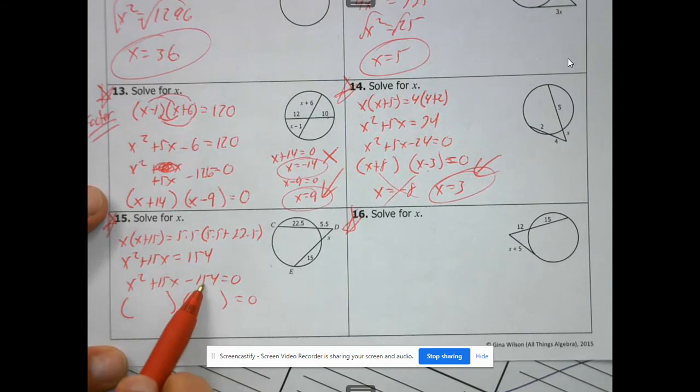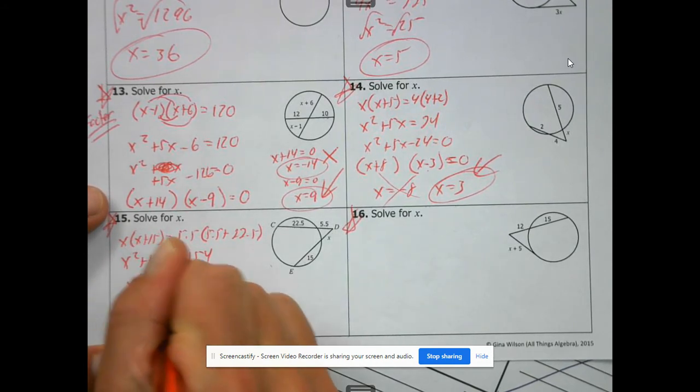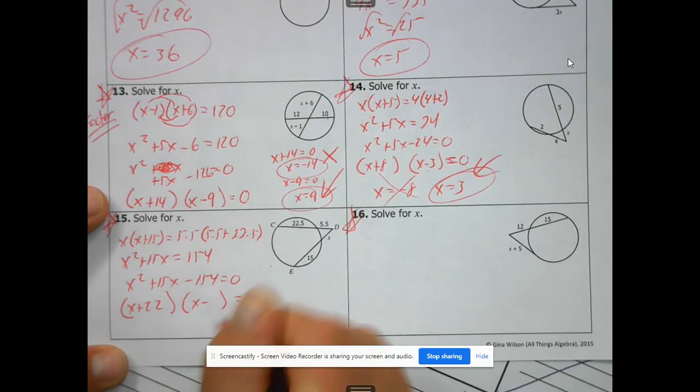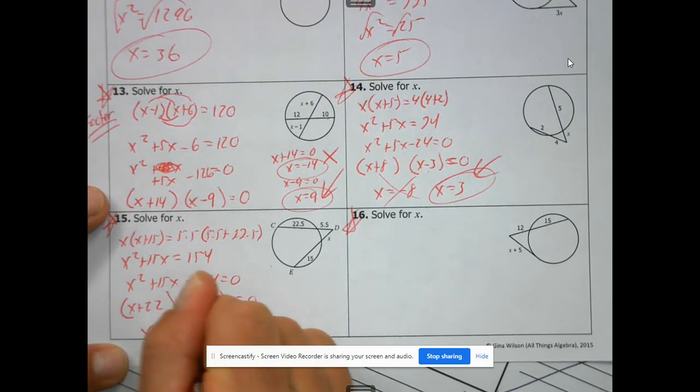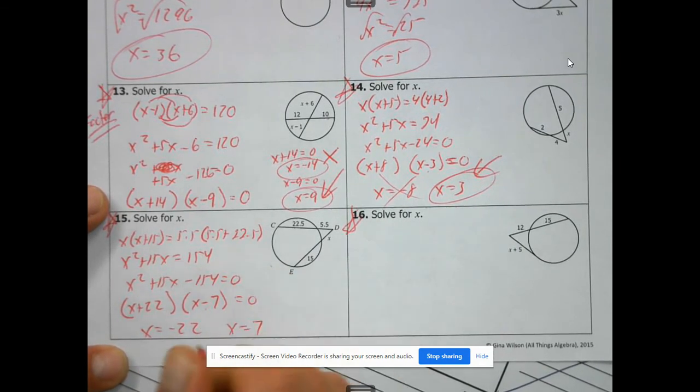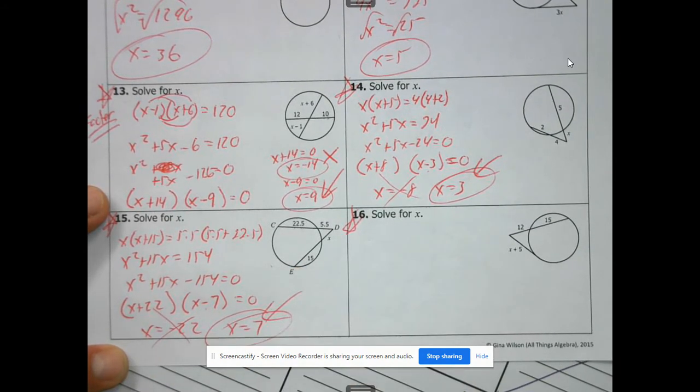Multiply to give you this. Add to give you this. The numbers are a positive 22 and a negative 7. Set this equal to 0, solve. Set that equal to 0 and solve. X is negative 22. X is positive 7. This doesn't work because x is negative. That is your answer.